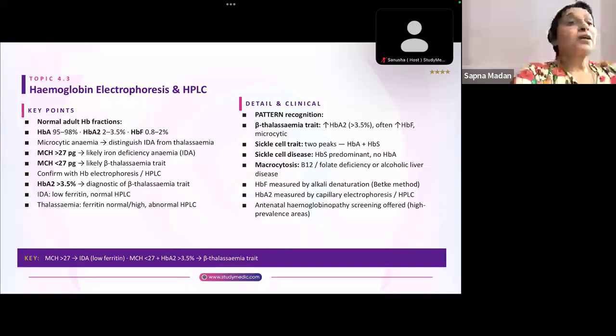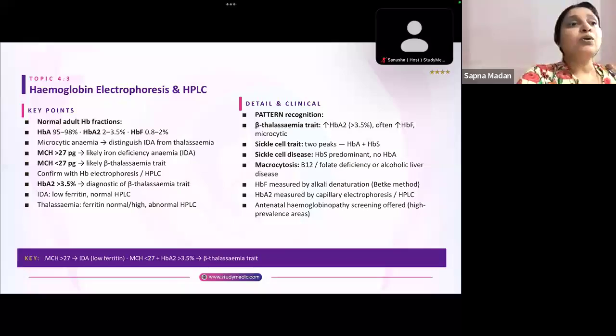And how do we do that? Then we go on to the next value called the mean corpuscular hemoglobin. If that value is more than 27 picograms, then it is more likely to be an iron deficiency anemia. If, however, it is less than 27 picograms, then it is beta thalassemia trait.